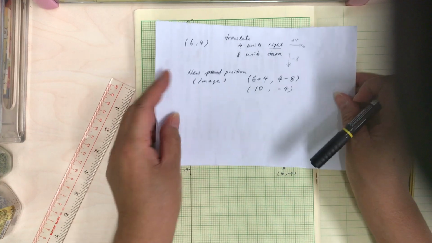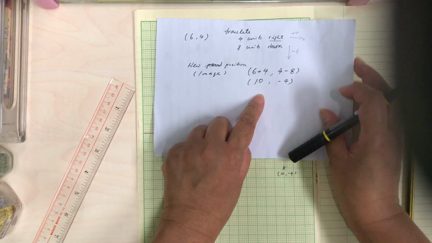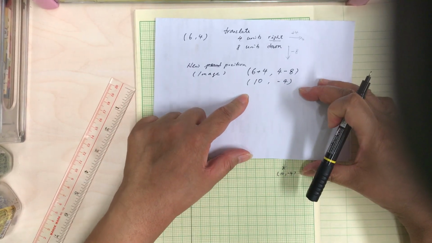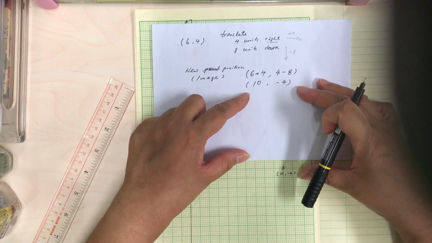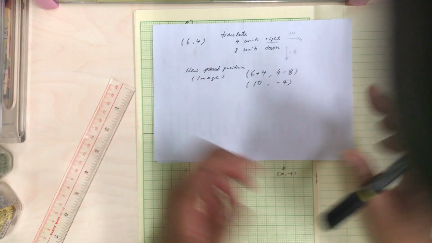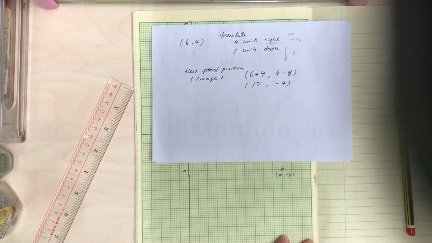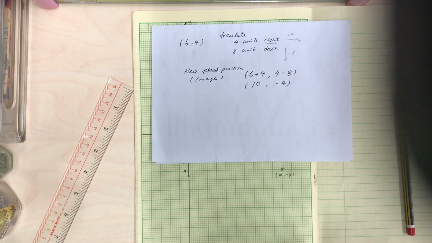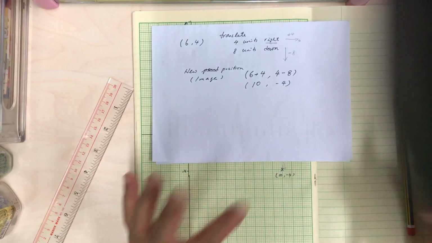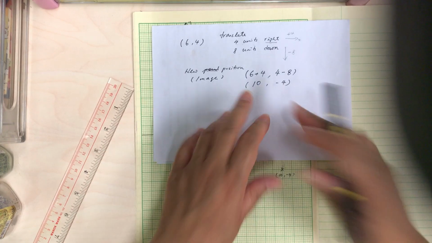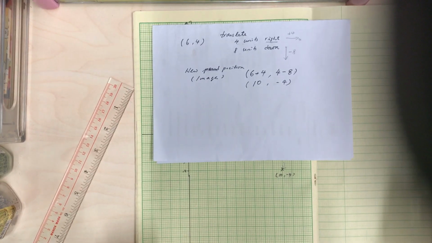You can compare it with the calculation here. The results match each other. Therefore, if you understand the mechanism, you can just find the image after translation by a simple calculation like that.